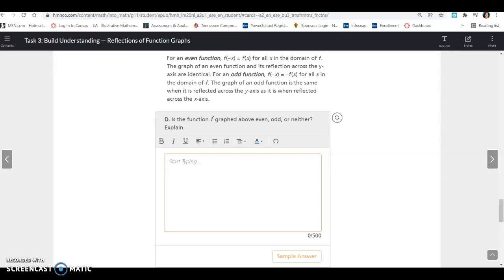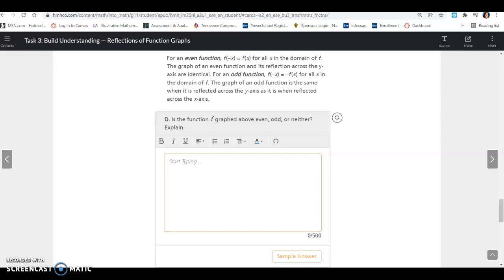And the reflection, if it's like the parent function, is going to have a vertex at 0, 0, that is going to be a reflection on top of itself. All right, for an odd function, f of negative x equals negative f of x for all x in the domain of f. The graph of an odd function is the same when it is reflected across the y-axis as it is when it's reflected across the x.